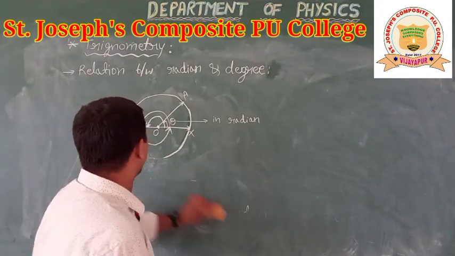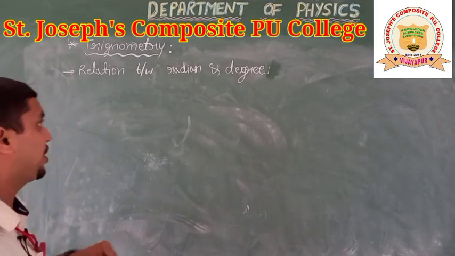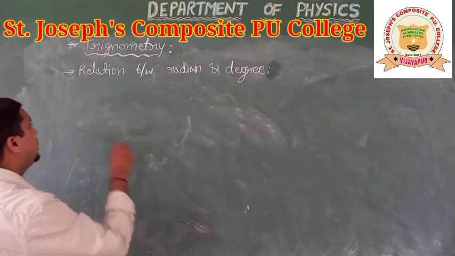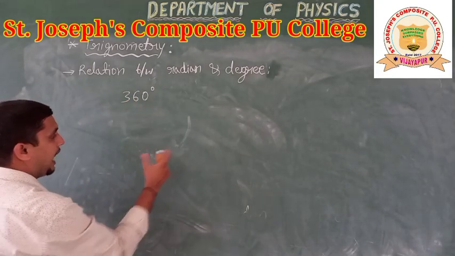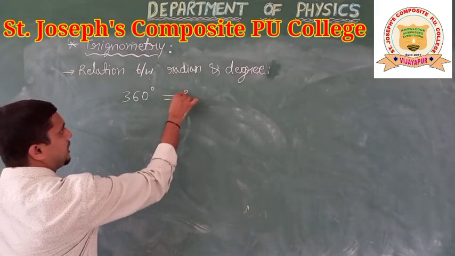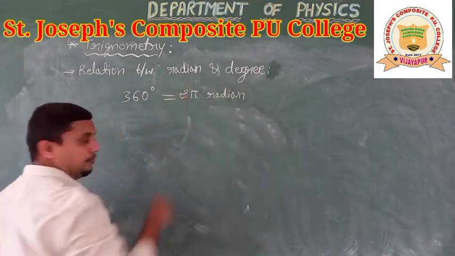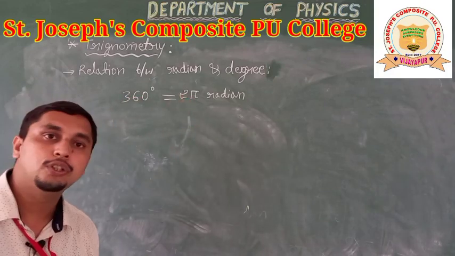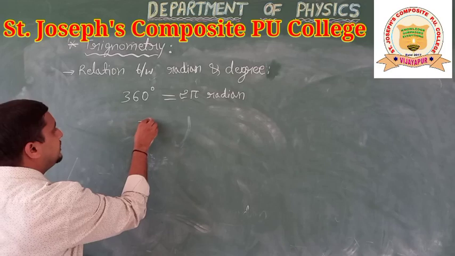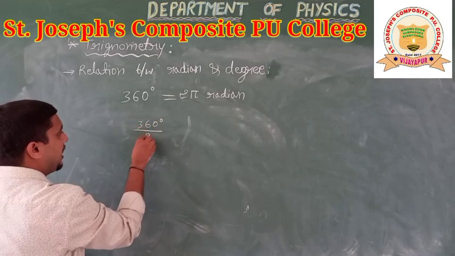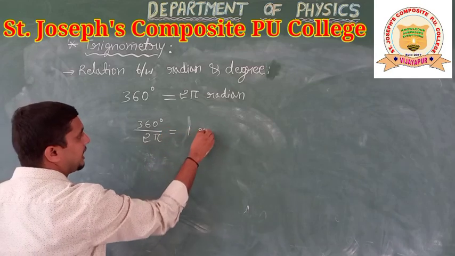Now let us see the common relation for the conversion from radian to degree and degree to radian. 360 degree is equal to 2 pi radian, or I can write it as 360 degree divided by 2 pi is equal to 1 radian.